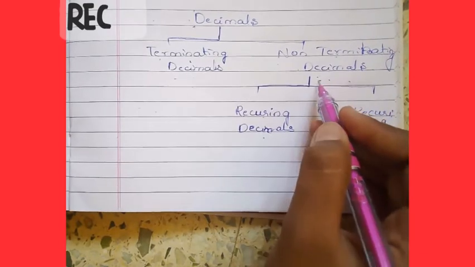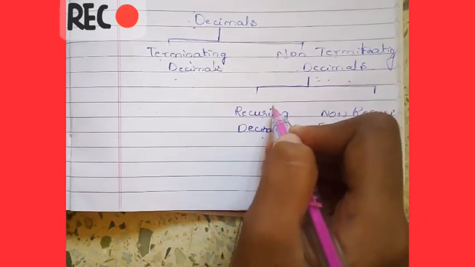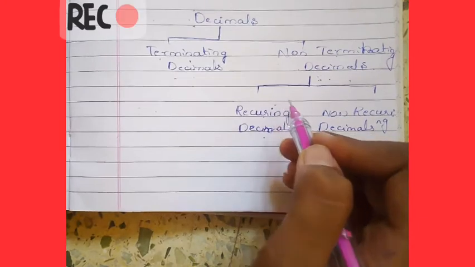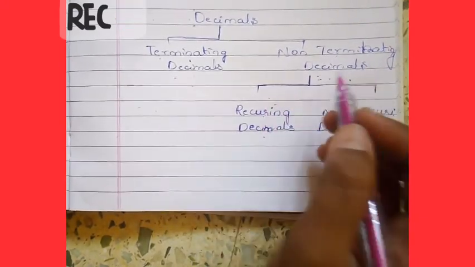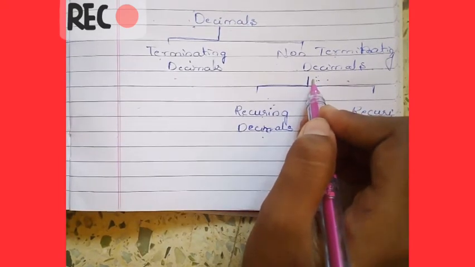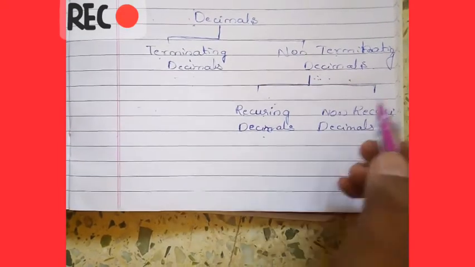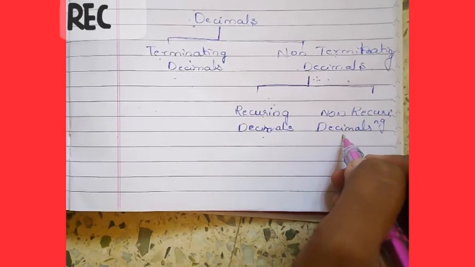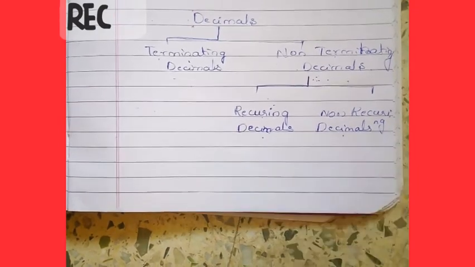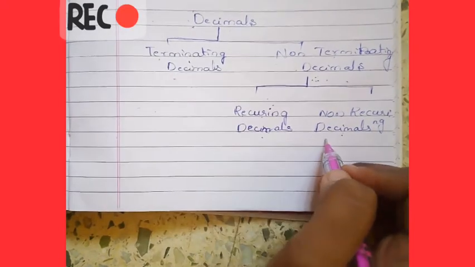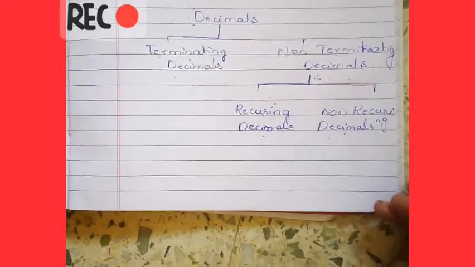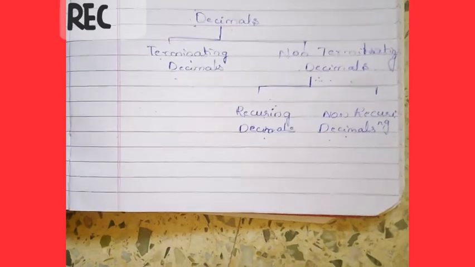If 3, 4 is repeating, that is recurring. And non-recurring decimals means there is no repetition of the decimals after the decimal point.